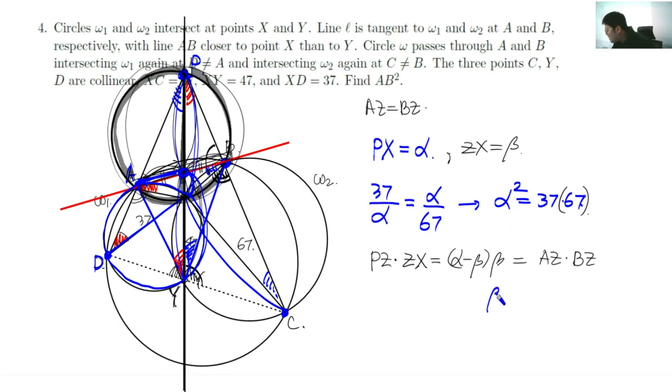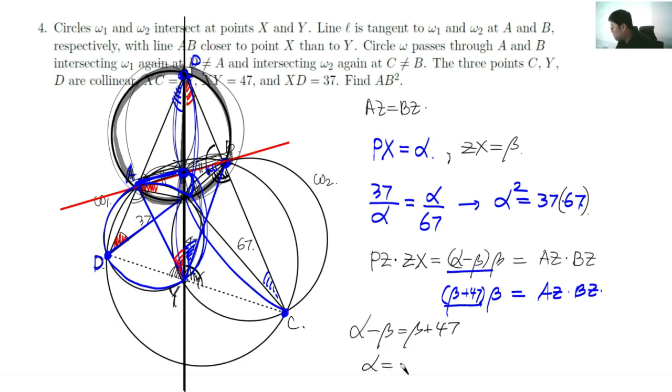So beta times beta plus 47 equals AZ times BZ. So they are the same. So alpha minus beta equals beta plus 47. Too easy. Alpha equals 2 beta plus 47. Right, we're done. So classic.